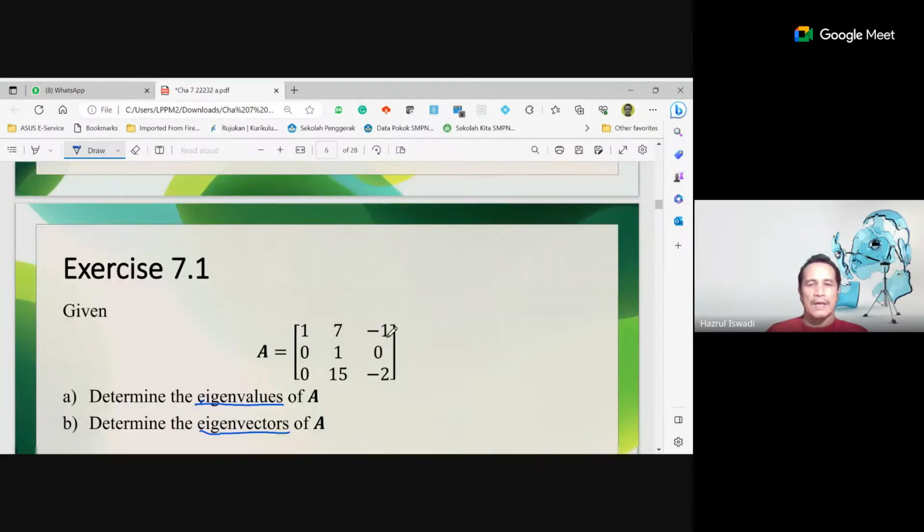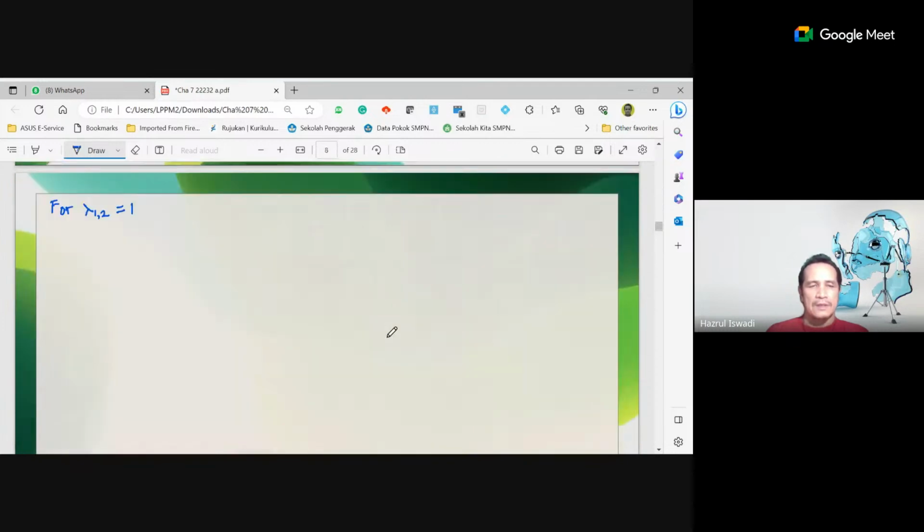So we have lambda equal to 1, so A minus I multiplied by the vector x is equal to 0.